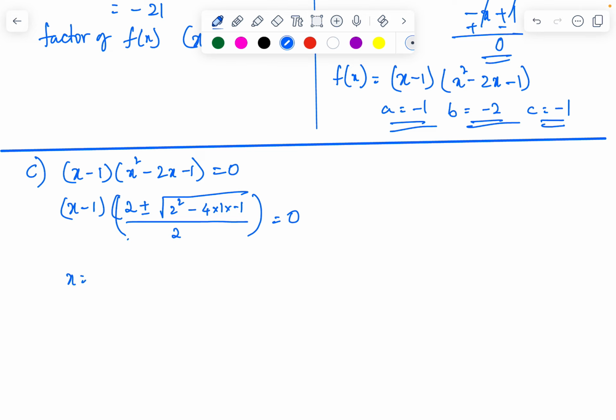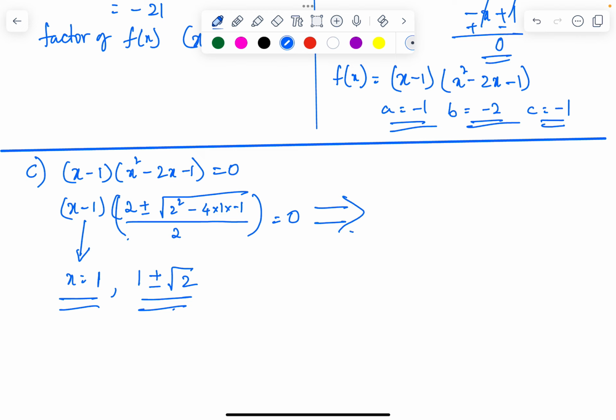So x equals 1 from this one already. Then when you simplify, this gives you x equals 1 plus or minus square root of 2. So these are our answers. If you want me to simplify, I will simplify here.